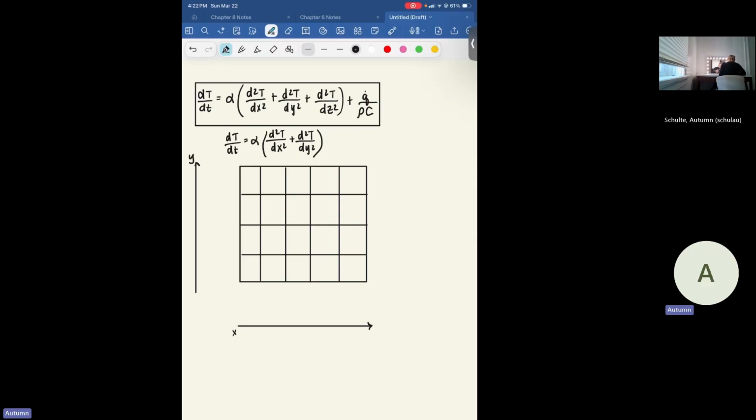So now we're going to say that we have different temperatures on all 4 of these sides. So over on this left side, we're going to have a temperature of 100 degrees Celsius. On the right, we're going to have a temperature of 200 degrees Celsius. On the bottom, we're going to have a temperature of 250 degrees Celsius. And on the top, we're going to have a temperature of 310 degrees Celsius.